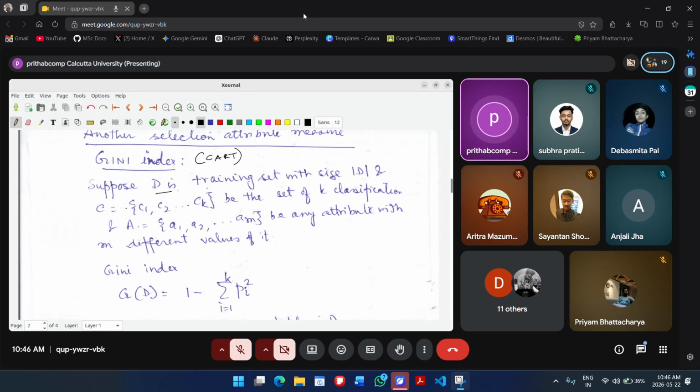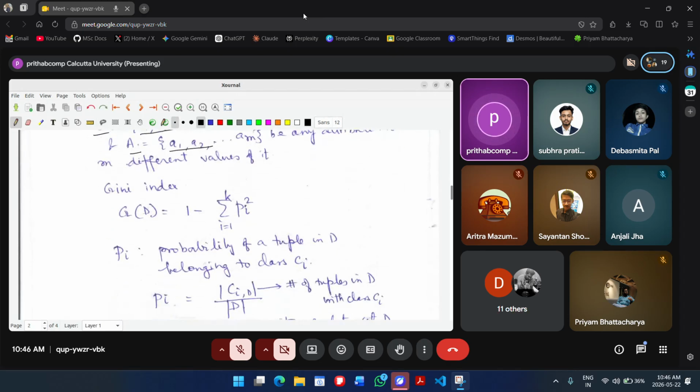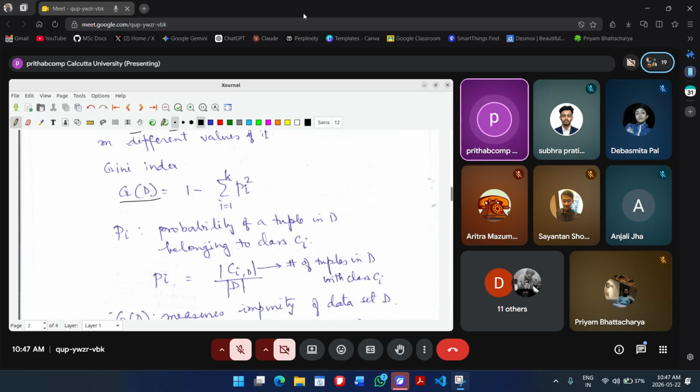D is your training set, C is the different classes C1 to CK, and A is the set of attributes A1 up to AM. Now the Gini index for the entire data set D is defined as 1 minus the summation of pi square, with i equal to 1 to k. Remember that k is the total number of classes. And what is pi? Pi is the probability of a tuple in D belonging to class Ci, so i represents a class i.